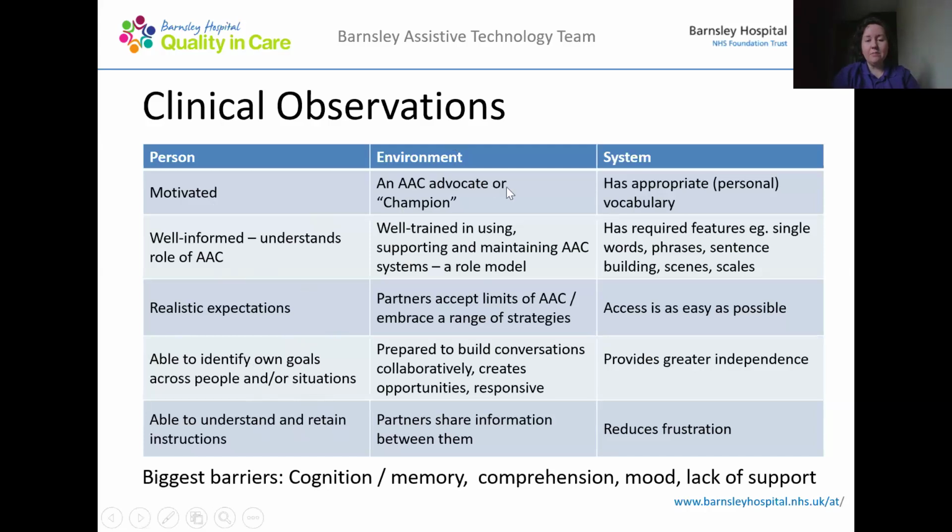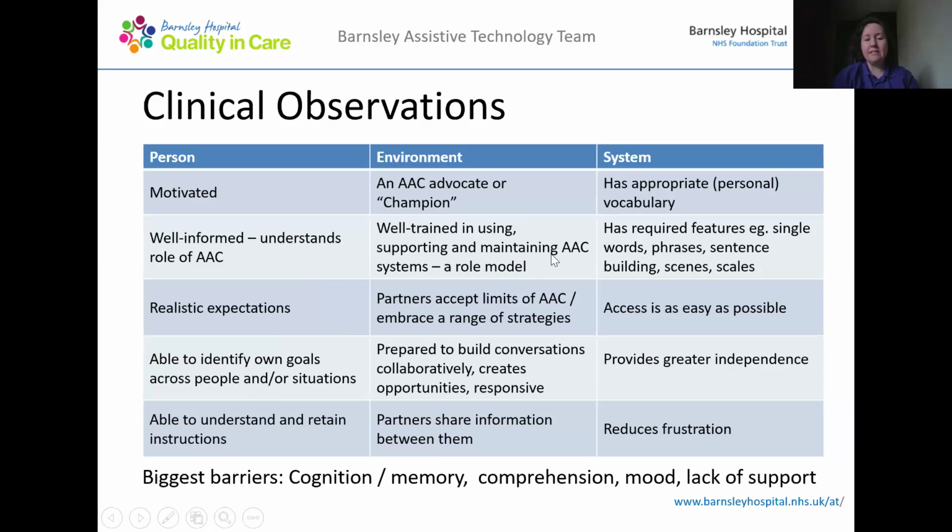The environment, so having somebody as a champion, somebody who really can advocate for the person who uses AAC. So that might be, for example, in a care home setting, somebody who's really interested in AAC and is happy to support other people to get on board with training, and really good at modelling how to use the device and supporting the person, being aware of their goals, well trained in using AAC and supporting and maintaining it.